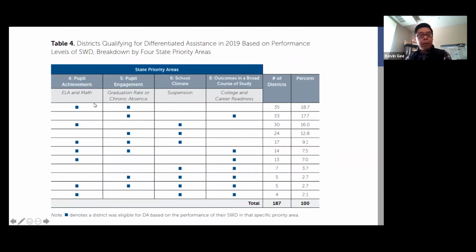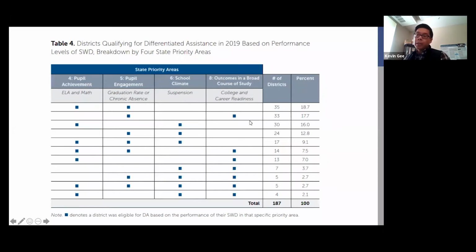That means they're red on ELA or math, or they're red on the graduation rate or chronic absence, okay? These are two areas that go hand in hand with each other when it comes to differentiated assistance for students with disabilities. Another 33 of these districts are qualifying for differentiated assistance based on low performance levels of their students with disabilities, both in pupil engagement as well as their college career readiness indicator.